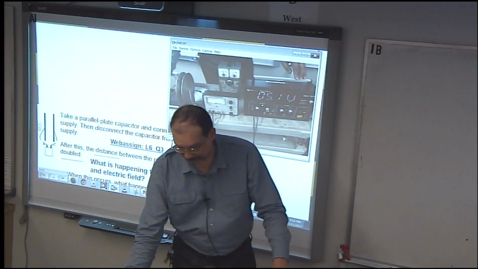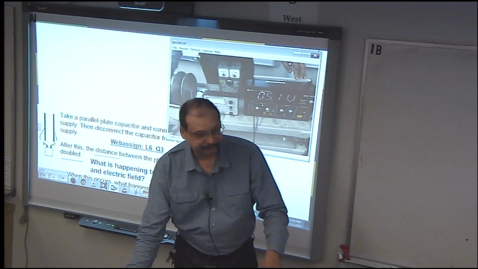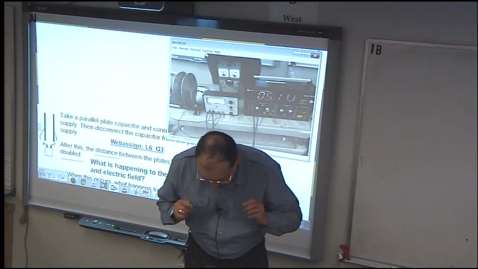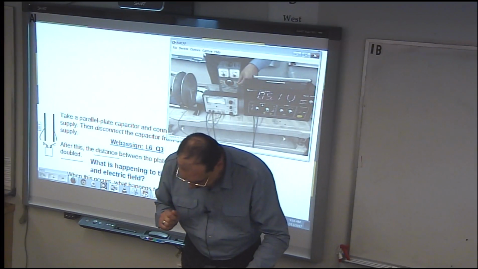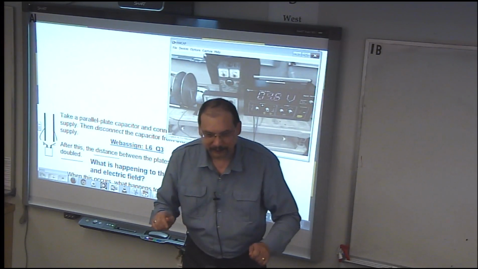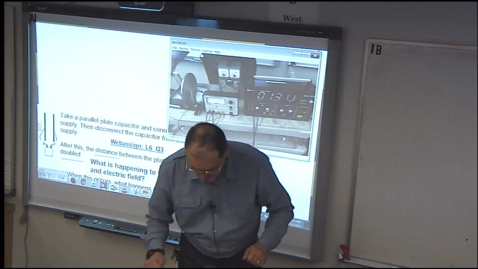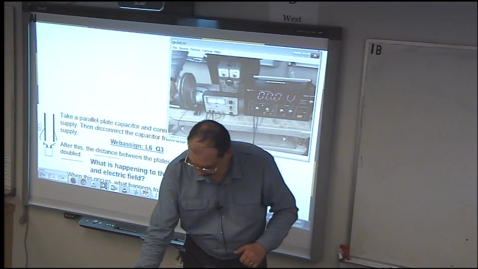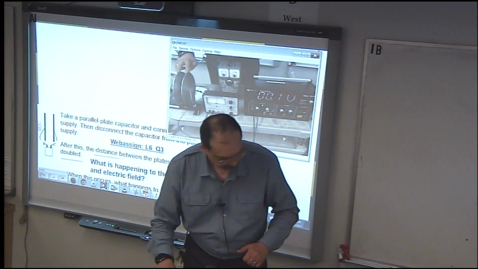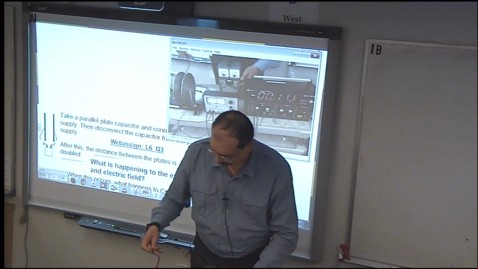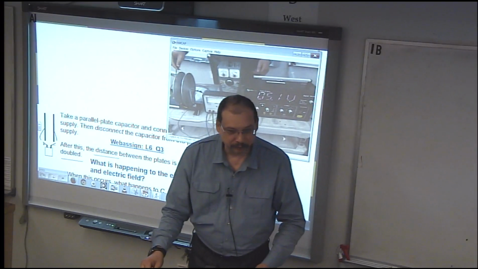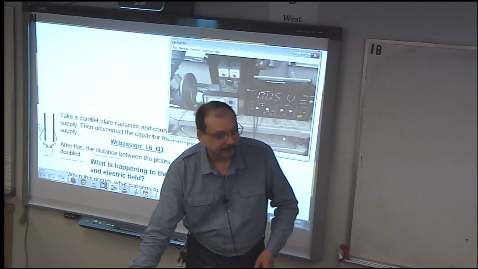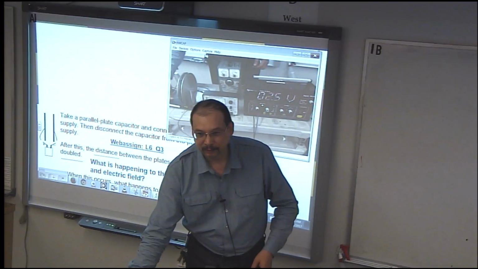If it's remaining connected and I move plates back and forth, nothing changes. What I really want to do now, it's 200 volts, I don't want to touch it. So now we can disconnect it. So it's 0. Now I turn it on. Now I charge it, remove. And if I move them closer, voltage decreases. If I move them apart, the voltage increases.